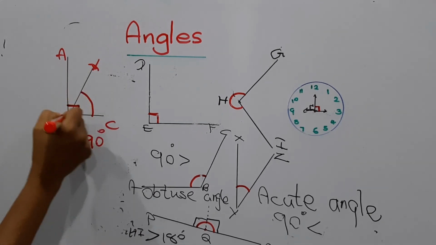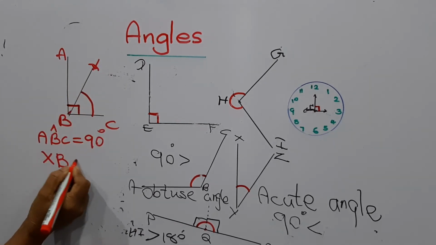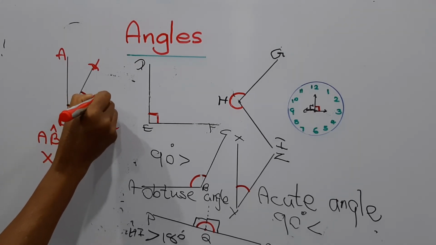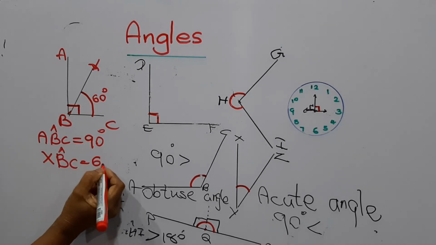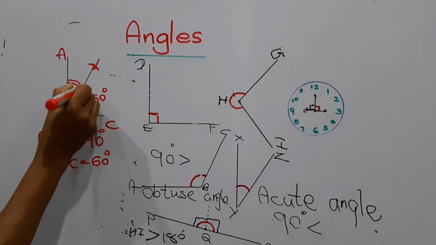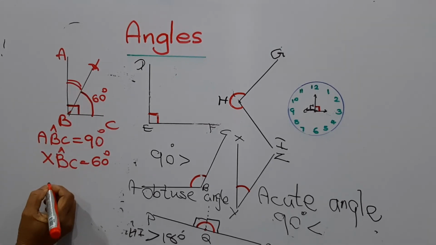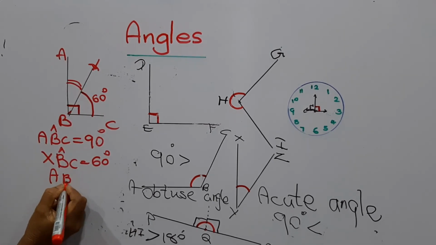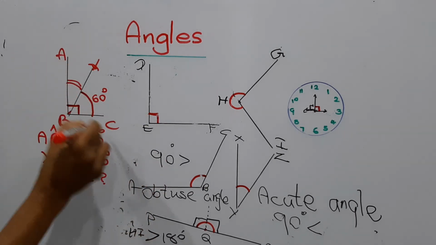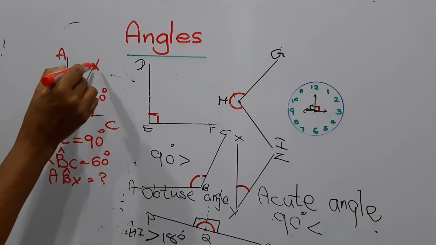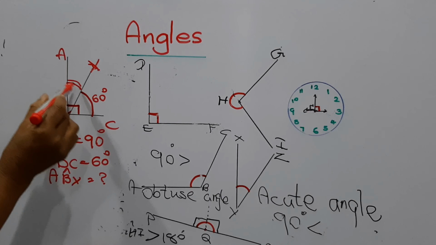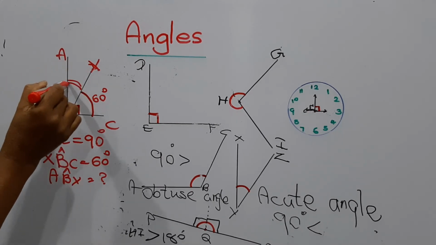If XBC is 60 degrees, can you find the angle of ABX? Yes, that's the question, right? ABC is 90 degrees, this is X, XBC is 60 degrees. We have to find the ABX angle.